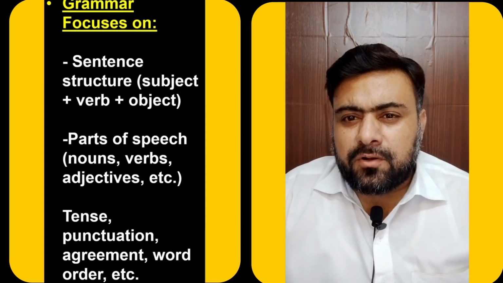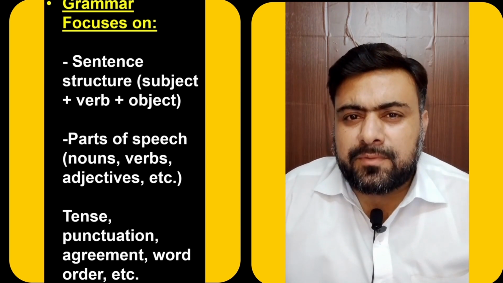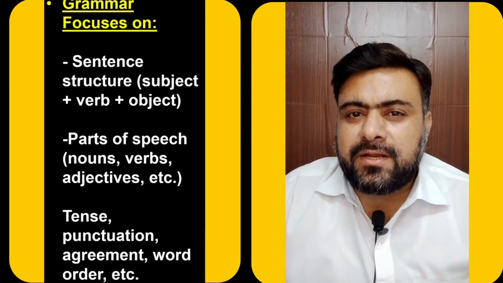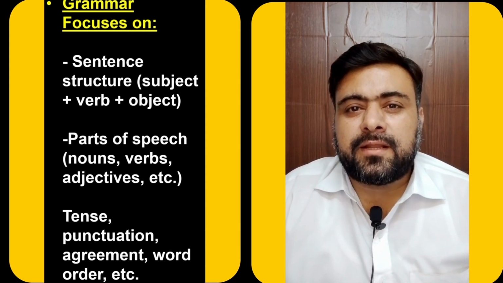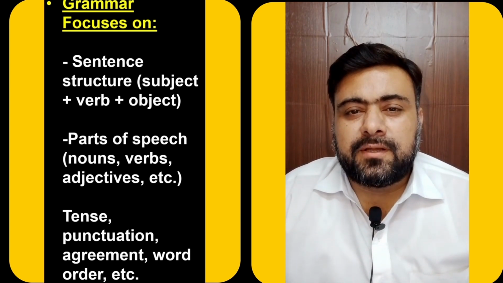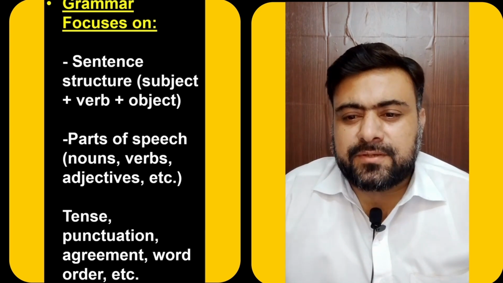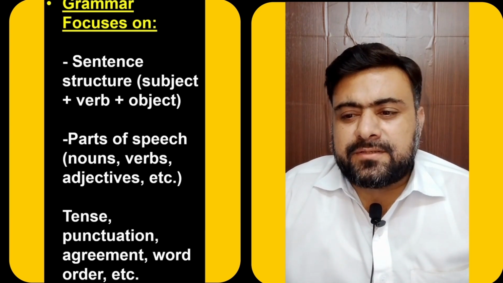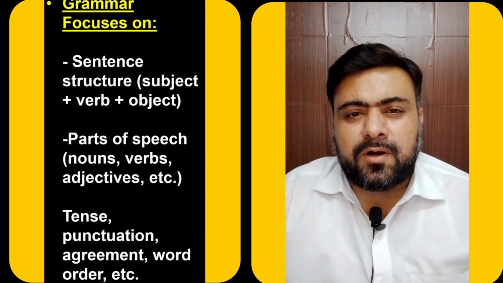Grammar focuses on sentence structure. Grammar's primary focus is on the sentence, because a sentence is a group of words that make sense. A language is a language because it makes sense. What is a sentence? There are many elements of a sentence: subject, verb, object.